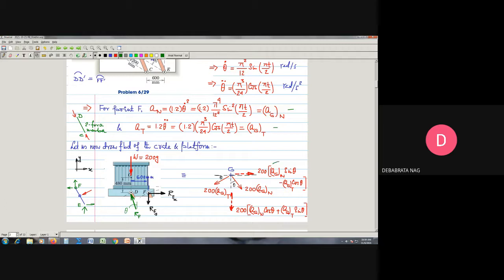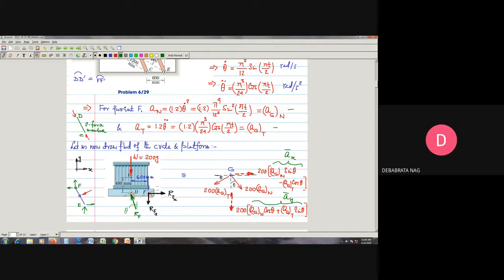So this must be equal to a bar x, that is the x component of the acceleration of the center of mass, and similarly this will be the corresponding acceleration of the center of mass along the y-axis.